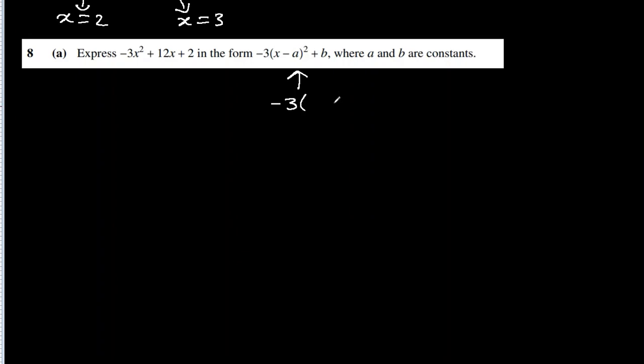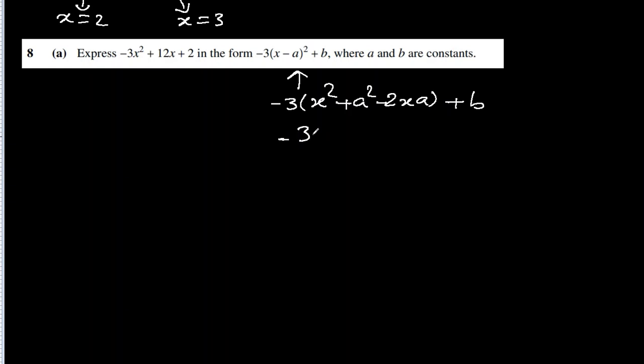So 3 minus 3 remains 8, and again in this we will use (a minus b) whole square, just like we used in the previous question on circle. So (x minus a) whole square will be x square plus a square minus 2xa, and plus b is outside, right?